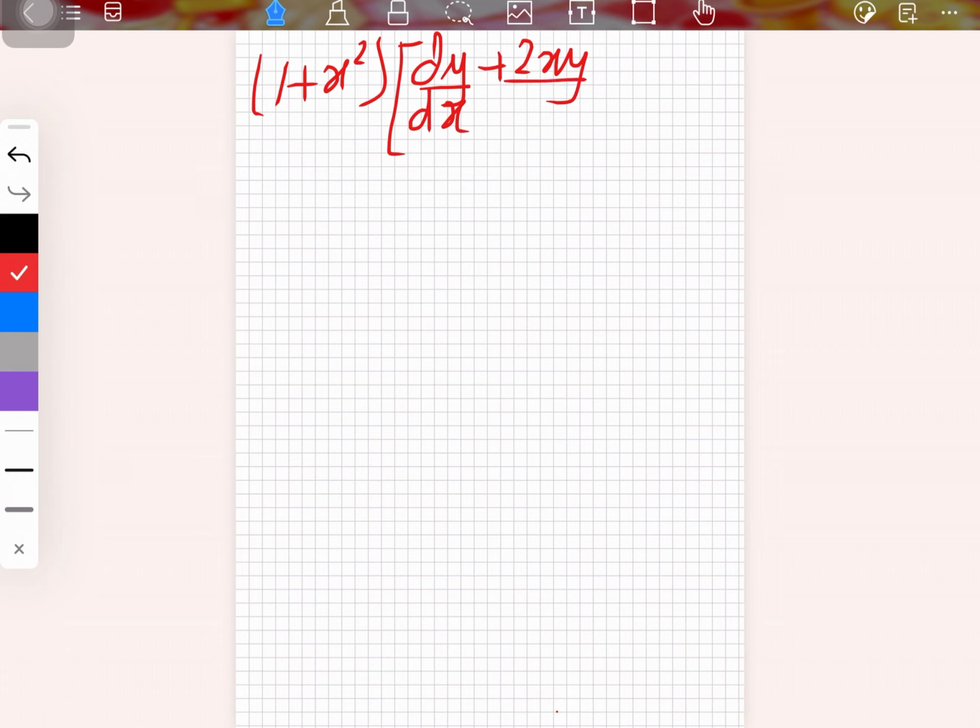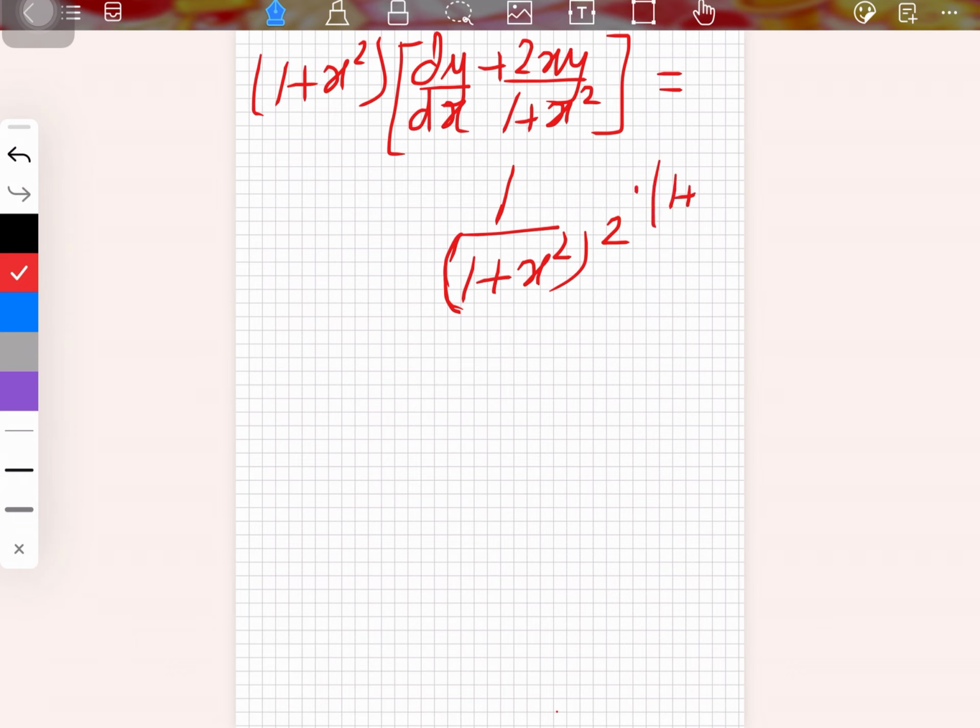So after multiplying, what we get is 1 plus x square times the bracket dy over dx plus 2xy over 1 plus x square, is equal to 1 over 1 plus x square whole square, times 1 plus x square.